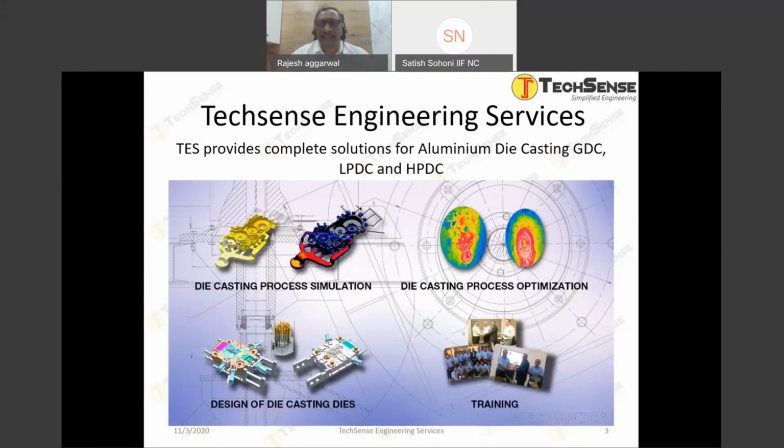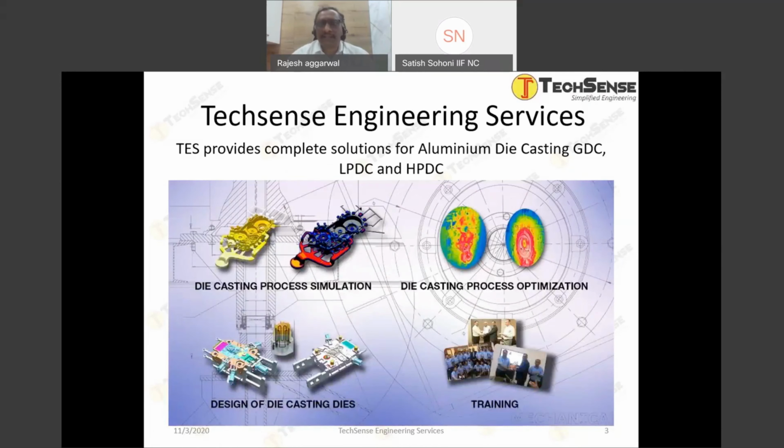We also work very closely with the foundries and the OEMs on die casting process optimization, where we work on defect reduction, rejection reduction, yield improvement, as well as other perspectives on process optimization like cycle time reduction on the shop floor.